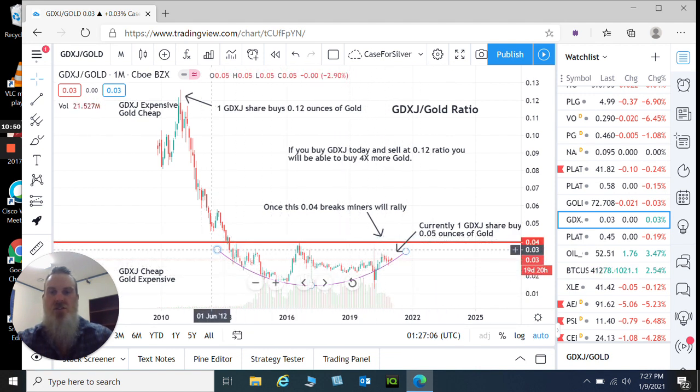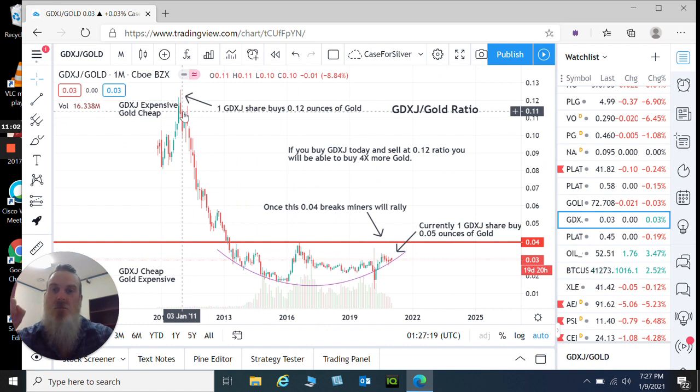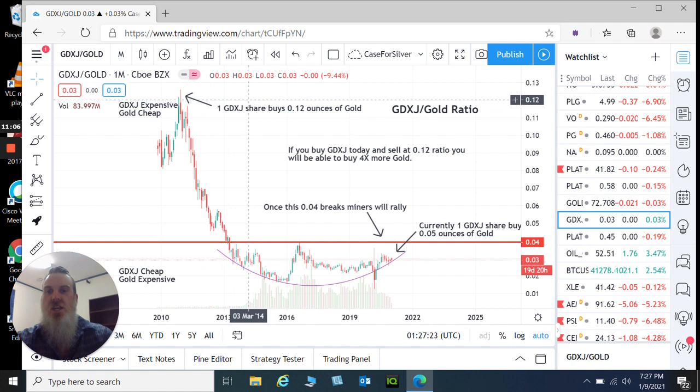Once we break this thing, I mean, look at that. Currently, one share of GDXJ buys you 0.05 ounces of gold. At the peak in 2011, at pretty much the same gold price, one GDX share bought 0.12 ounces of gold. I mean, wow, right? So this is what I'm doing.